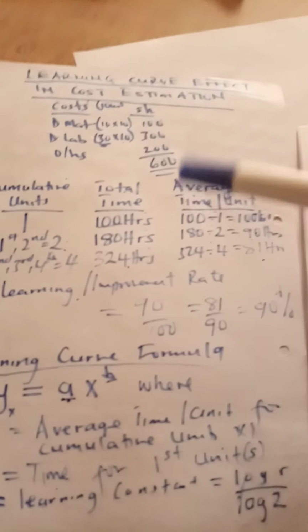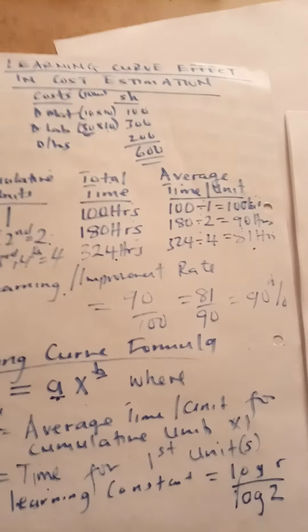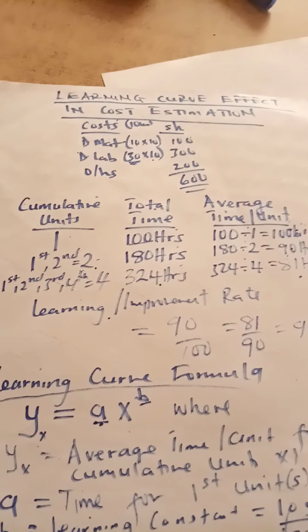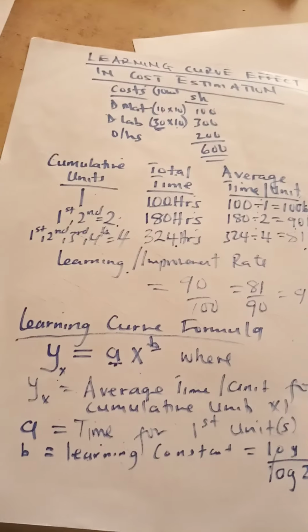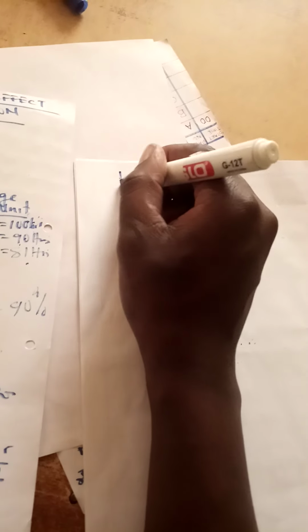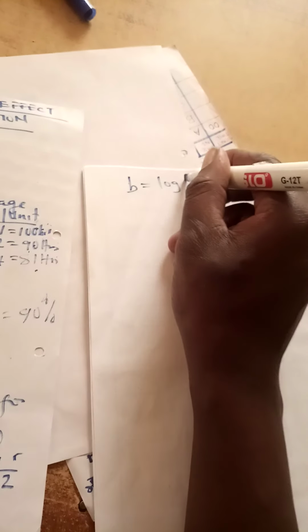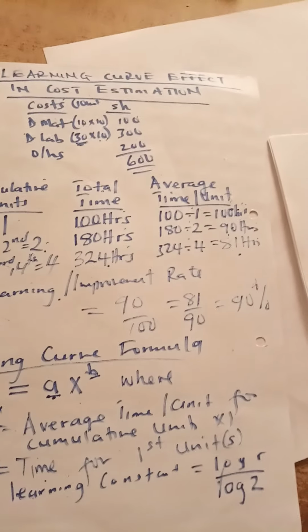So that, for example, now in our example here, if we wanted to find maybe this 90, we can get it very easily. Let's see if the formula works. We will just say that b, now that we have said it is log r divided by log 2, if the question had told us that these people are improving at a 90% rate, I will get b by simply saying it will be log of 0.9 divided by log of 2.